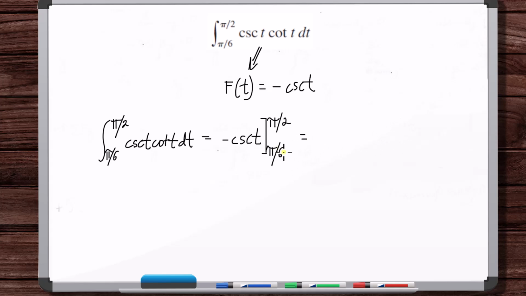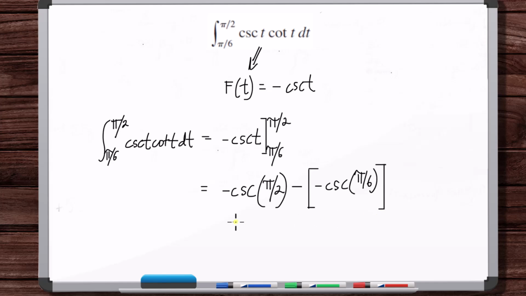So, okay, now you just got to be careful with the minus sign. So you take minus cosecant t, but evaluate it at the upper limit, okay? Subtract that from now minus cosecant, and then evaluate at the lower limit, like that.